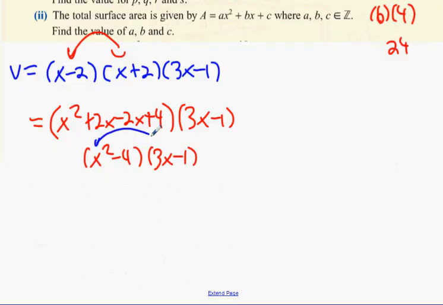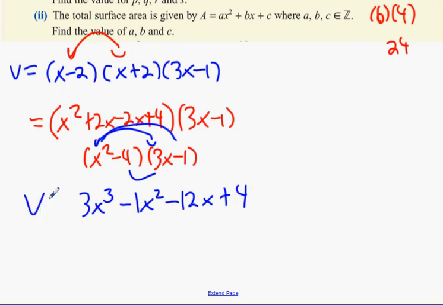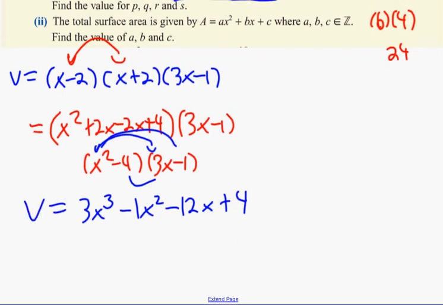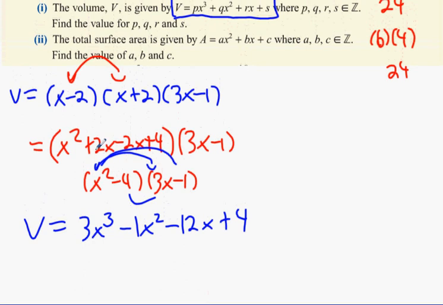Multiply that out. 3x cubed minus 1x squared minus 12x plus 4. That's the volume. Yeah? The 2x's cancel. 2x minus 2x. Oh, sorry. That's meant to be a minus 4 there.